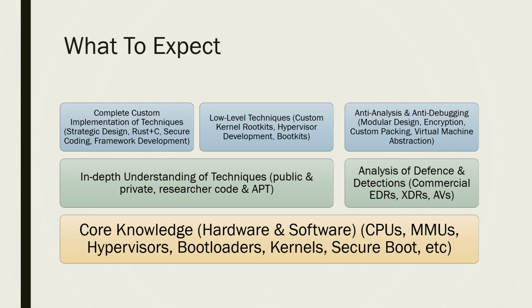Now, there will be some C code, mainly when we get into some kernel stuff, but they'll mostly be C stubs that can work with the OS to then call into our Rust code to handle most of it. But we'll also be considering strategic design, secure coding, and our framework development and design as a whole as we look into our code.